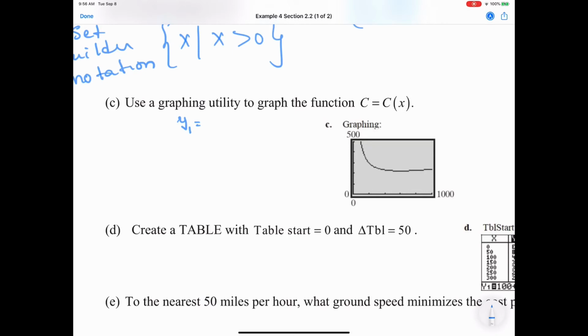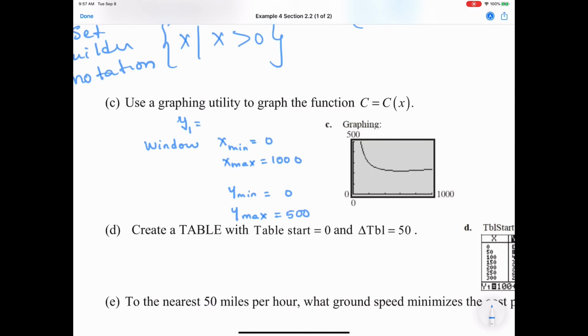Under the window, my x minimum was 0, x max was 1000, y minimum was 0 and y max was 500. You'll keep the scales 1, and if you graph, you will be able to see this graph. You can keep it 1 or 10, it doesn't matter. We can see the same graph.